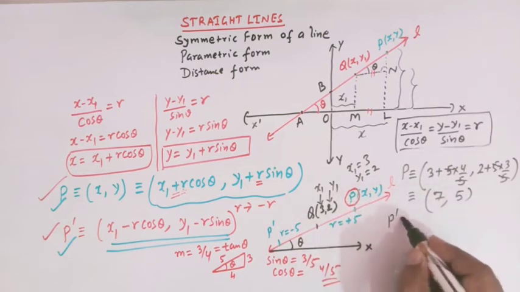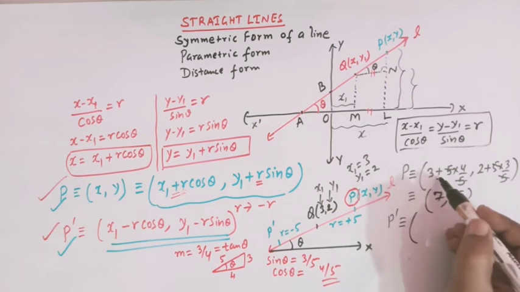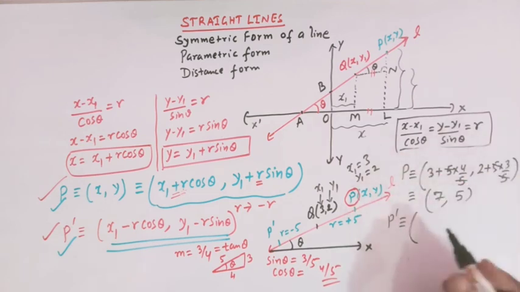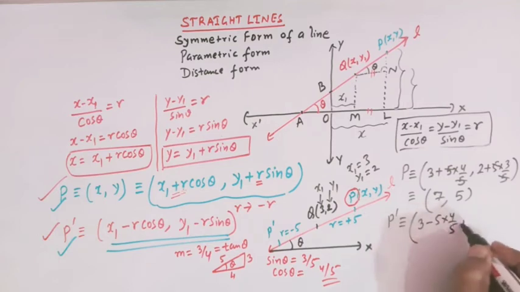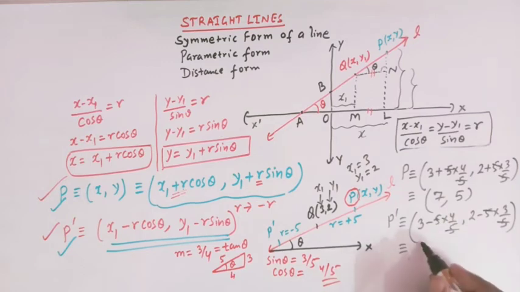And similarly, when we have to find the coordinates of this point P prime lying in the opposite direction of this point Q, we have x1 minus r cos theta. So here we'll have simply the negative sign. So we have 3 minus 5 times 4/5, and here we have 2 minus 5 times 3/5, and see this 5 gets cancelled, this 5 gets cancelled.